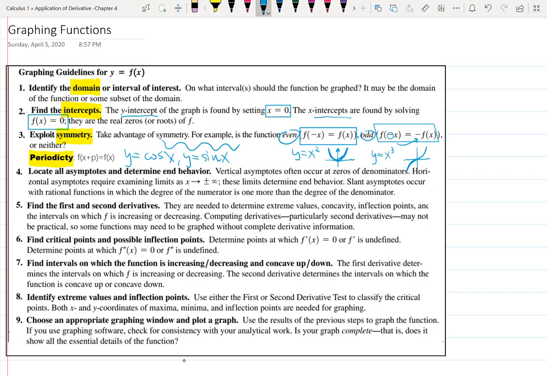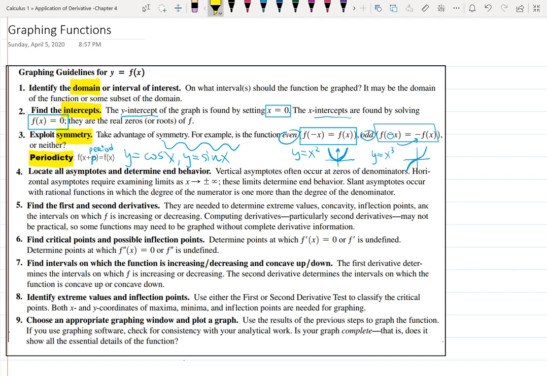So to find the period of the function, plug in x plus p, where p is a period. If the function stays the same, even though you plugged x plus p everywhere you see x, then the function is periodic with period p. For example, cosine of x equals cosine of x plus 2 pi, or 4 pi, and so on. That means it's periodic.